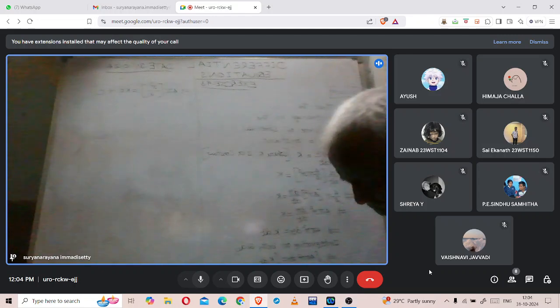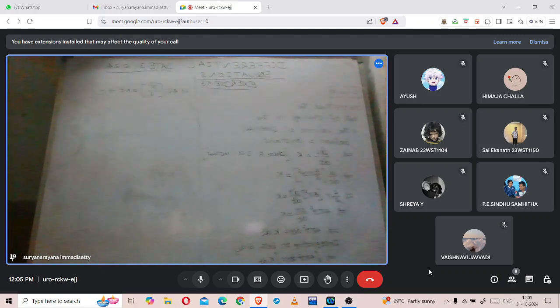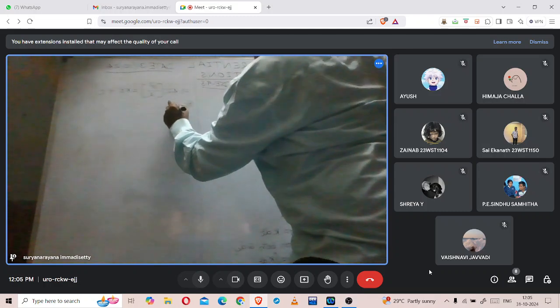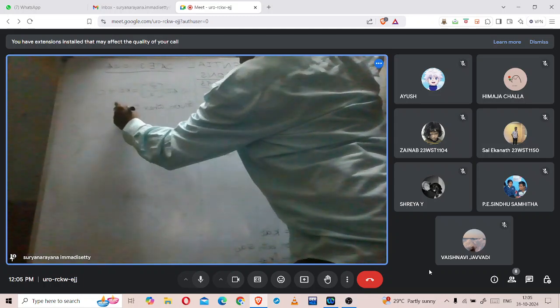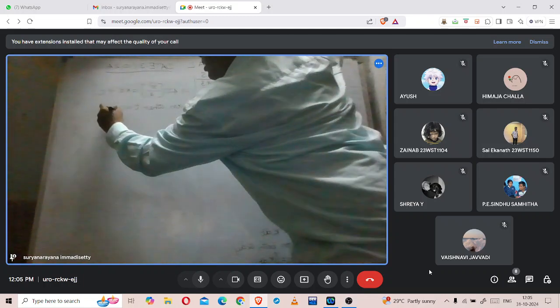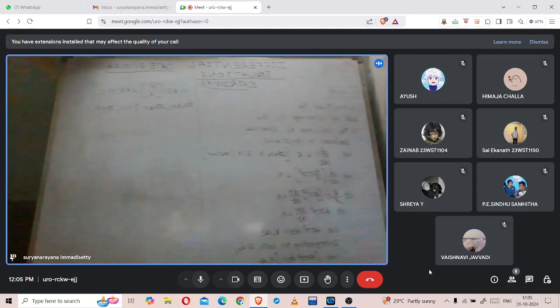It is given that when t is equal to 0, the radius is 3 units.